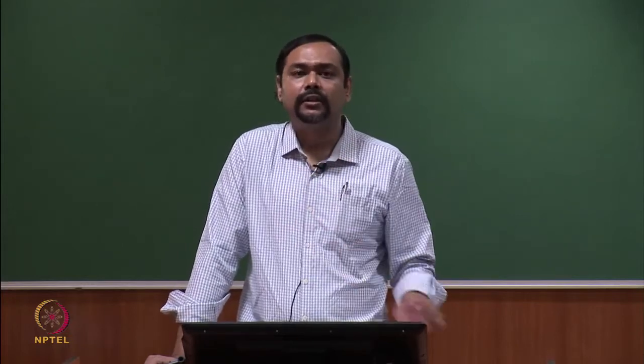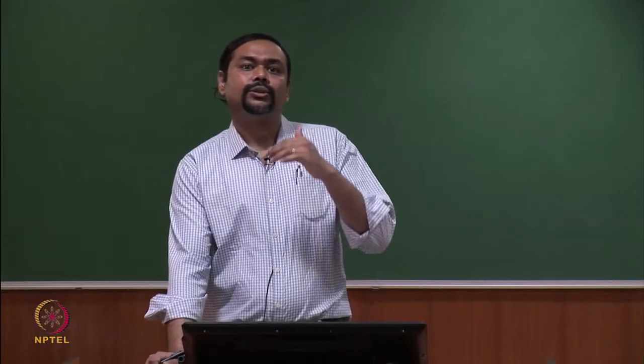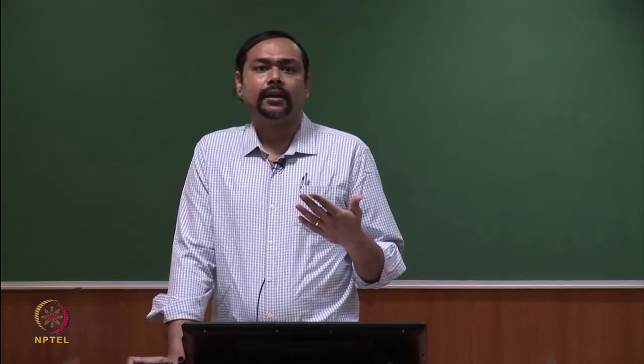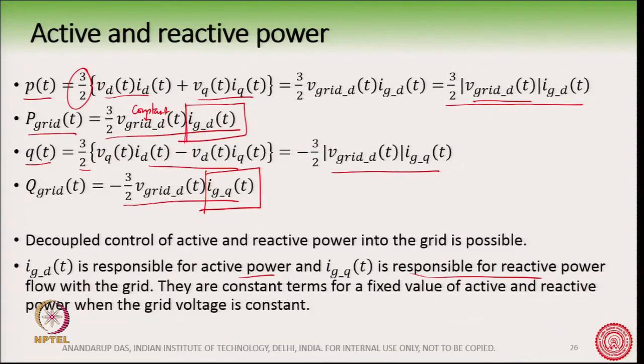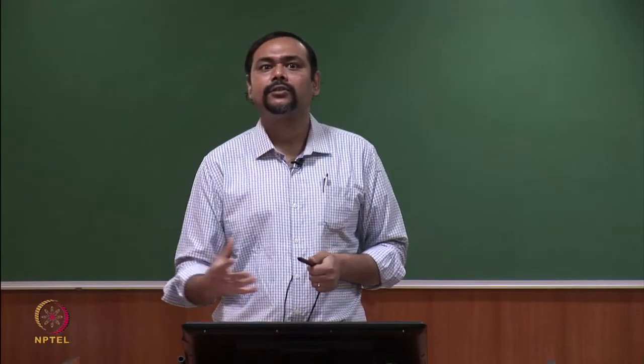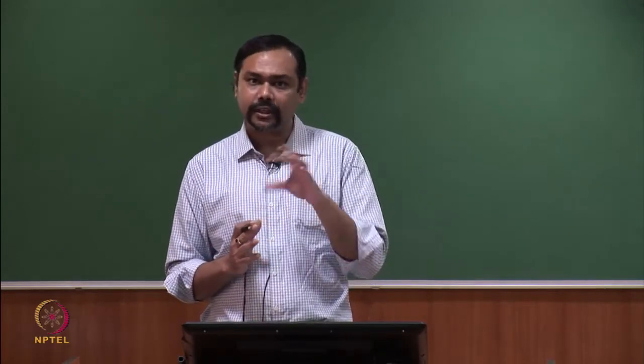Vector control essentially is a current controlled strategy. In vector control, this gives a lot of implications, but this is beyond the scope, so I will not go into those details. The whole VSC now behaves as a current controlled converter, a voltage source current controlled converter.